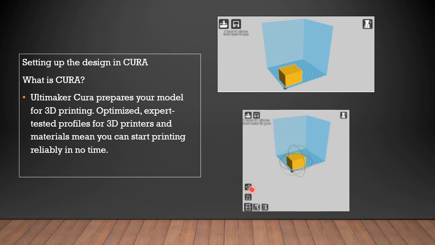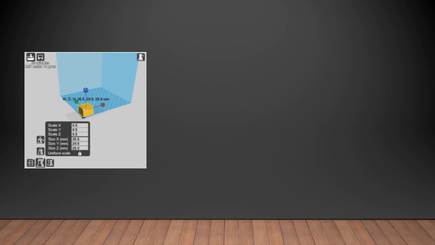After clicking on the object, you can see the different options available here. These are rotation, mirror, scaling, and so on. So you can change the size of your object. Depending on the change in size, the time period will also decrease, and the length of the filament will also decrease.